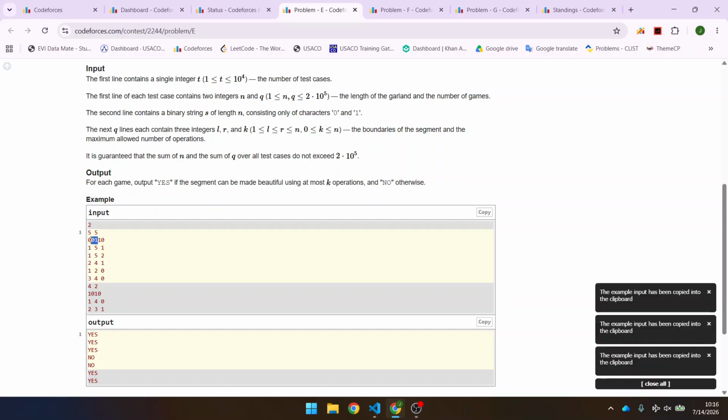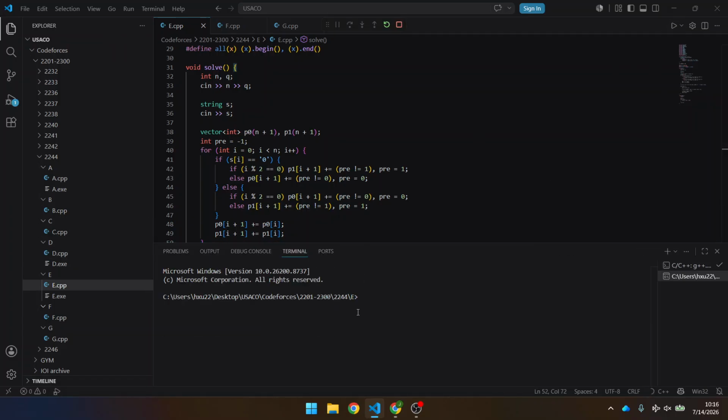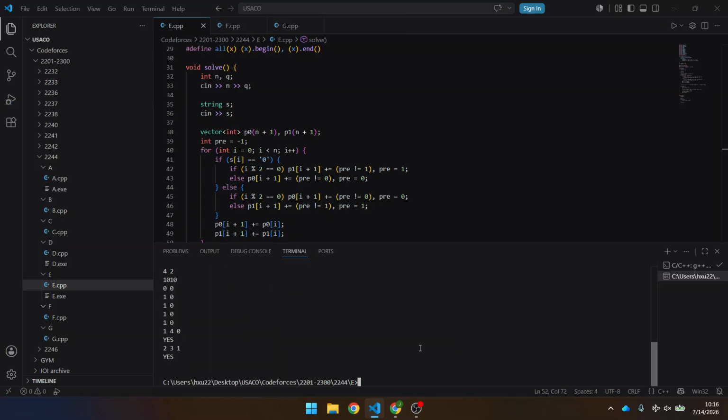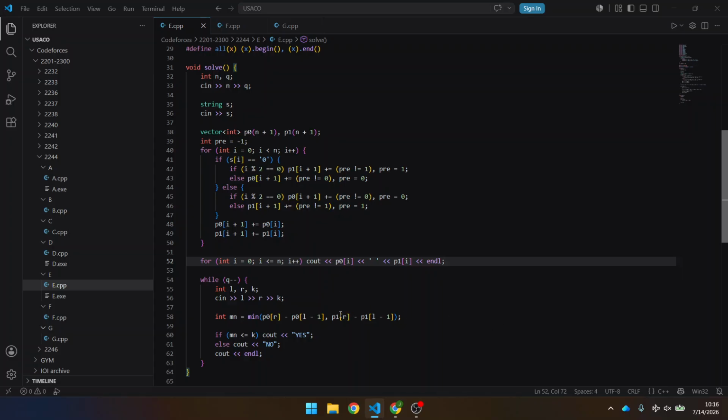So if it's 1 over here, well, basically we need 1 more. Here's 1 move, and then here is 1 move also. Previous, right, 0. So we need a move over here. 0, L minus 1.